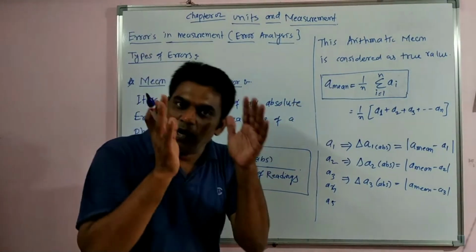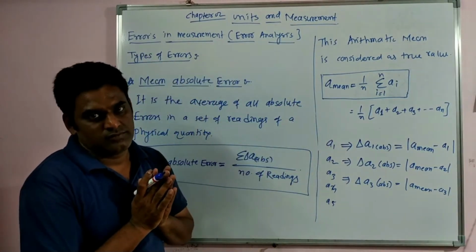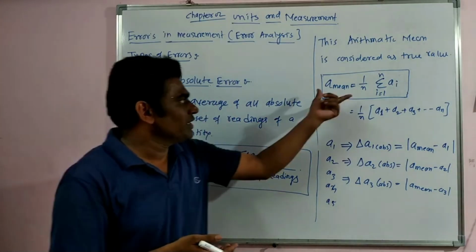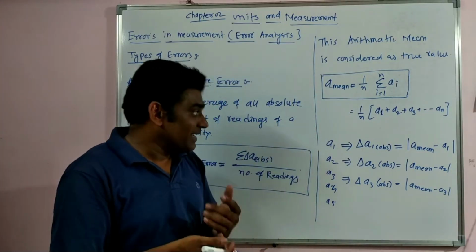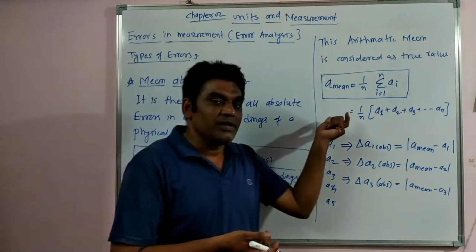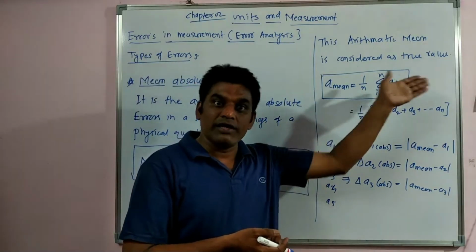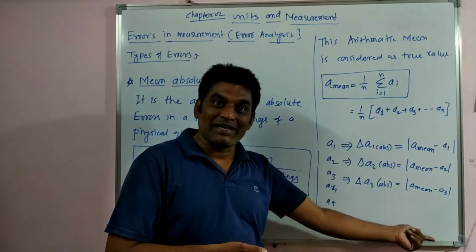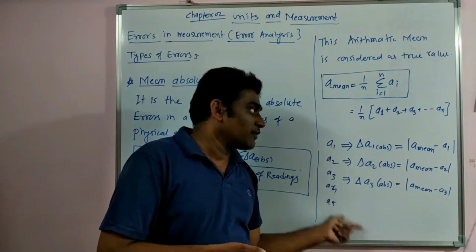So, suppose 5 readings are taken. You add all those 5 readings and divide by 5, you get A mean. Then from A mean, you subtract individual readings and take the mod, the magnitude of that, and you get the individual absolute error.